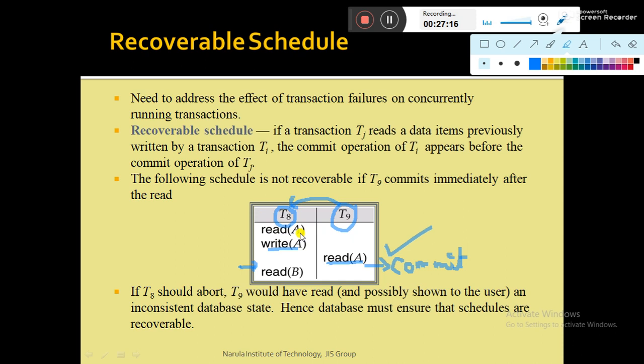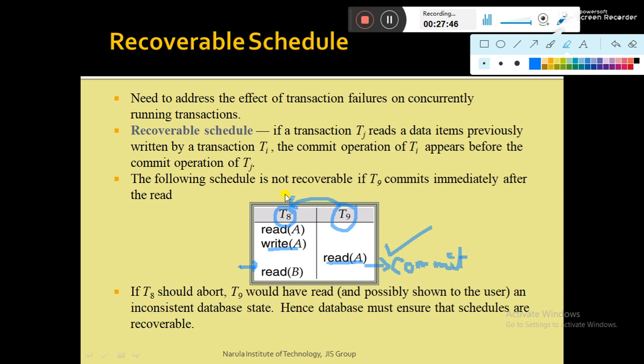To roll back T8 means we have to restore the database to the state before the transaction executed. So we have to restore data item A. That means the value read by T9 is wrong, because whatever update T8 made is restored to the previous state. So T9 should not read the updated value, and we have to roll back T8.